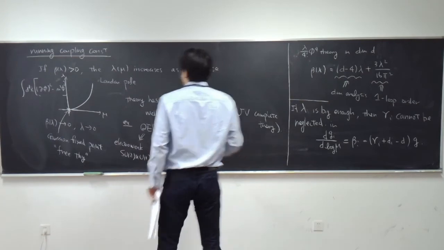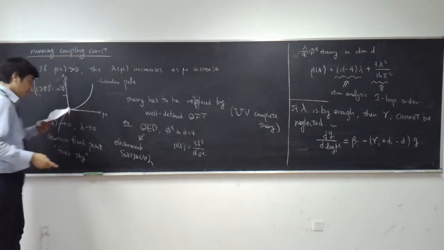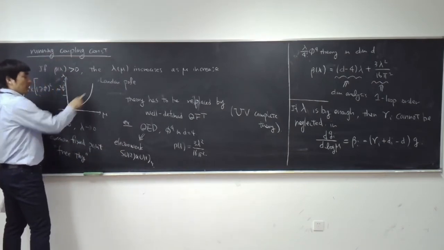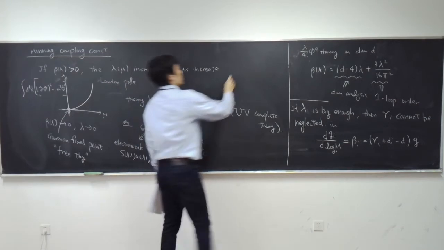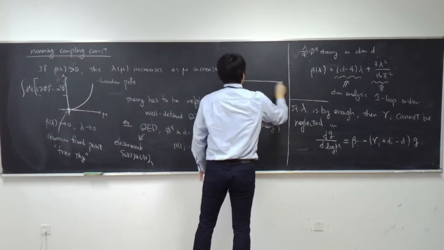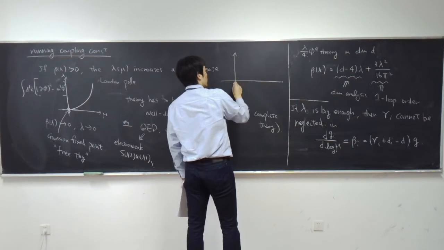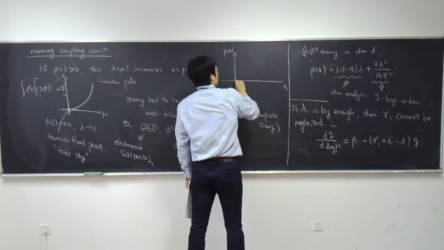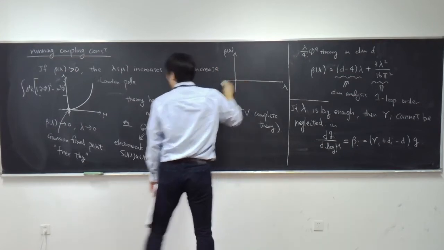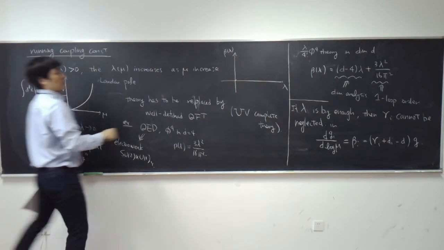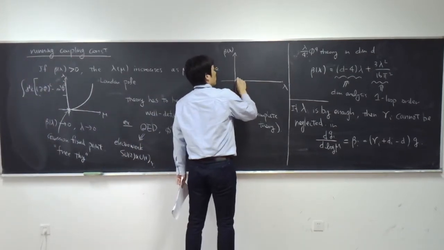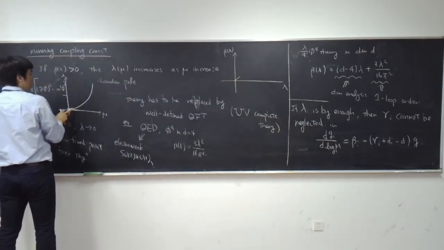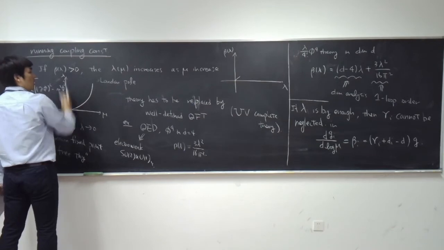And suppose there is some non-perturbative effect. You start with the Gaussian theory, and if you turn on the coupling constant lambda, then the beta function is positive, and as you know, if the beta function is positive and you go to the UV, then lambda increases.